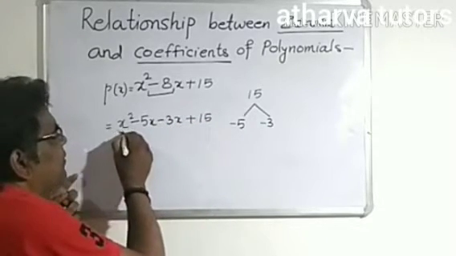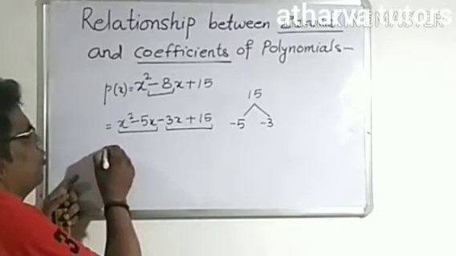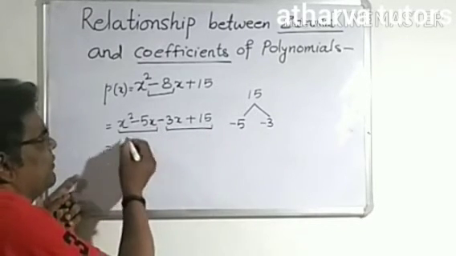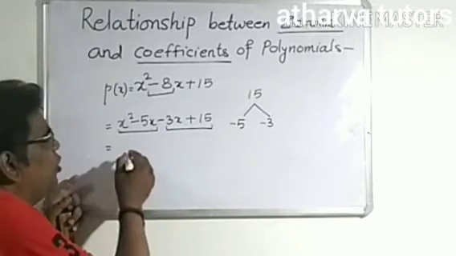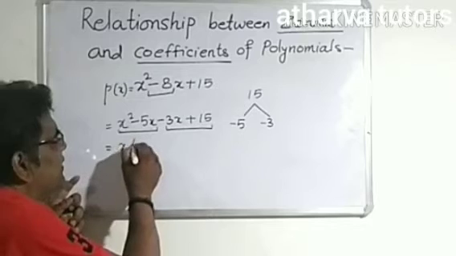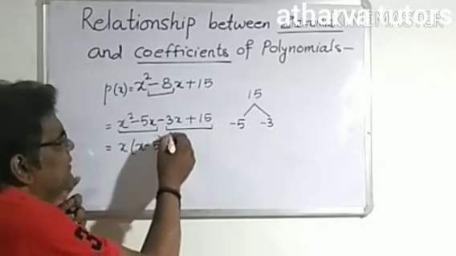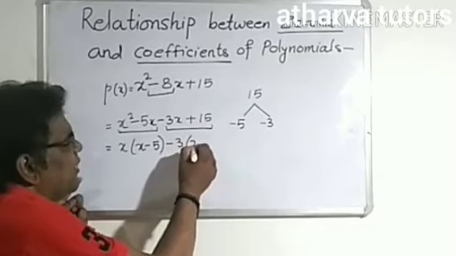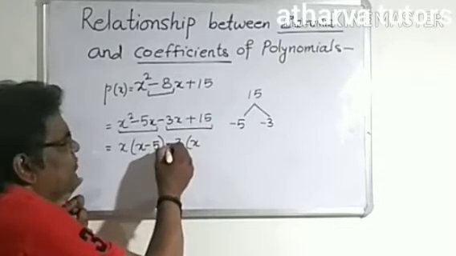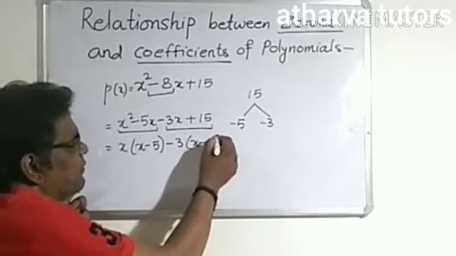Now we will do grouping and take out the common factors. In x square minus 5x, the common factor is x, so we write x into x minus 5. Minus, now in 3x and 15 the common factor is 3, so we write 3 into x minus 5, since minus is taken common outside, the plus becomes minus 5.